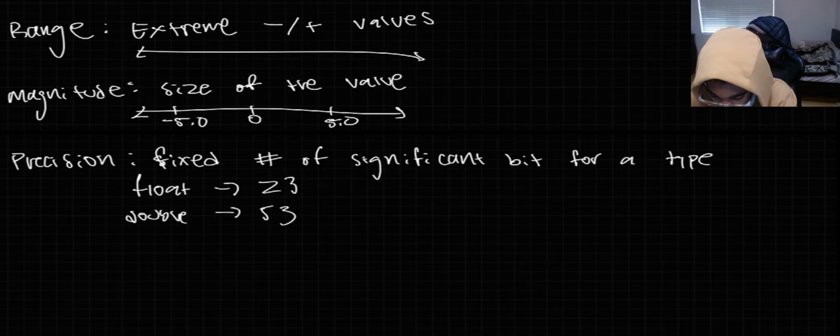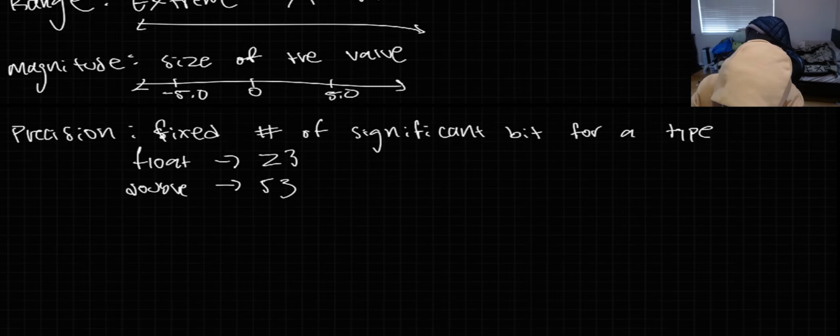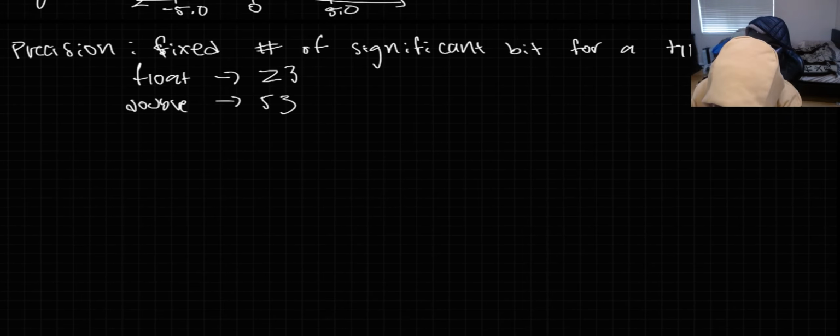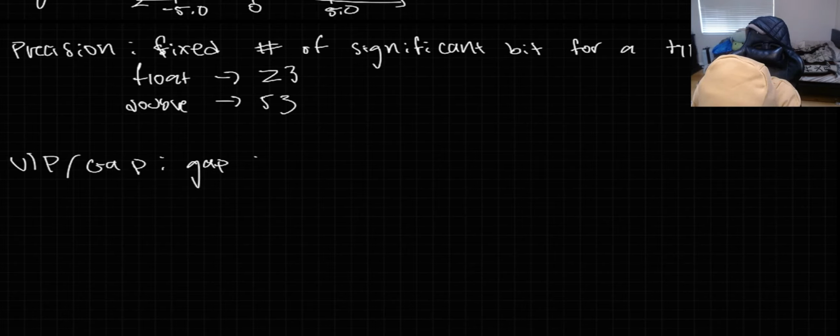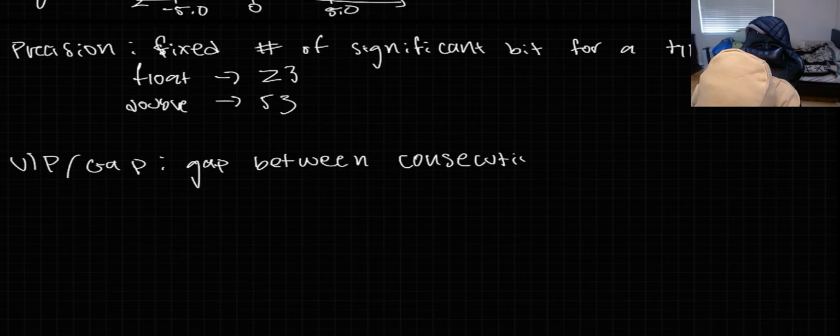What else? And then after precision, we have the gap, or the ULP. Now, this gap is the gap between consecutive integers.